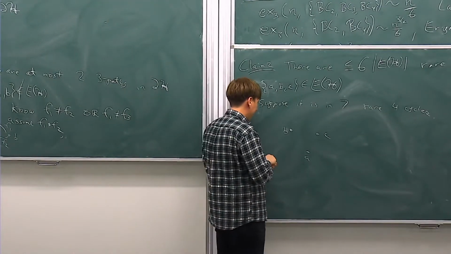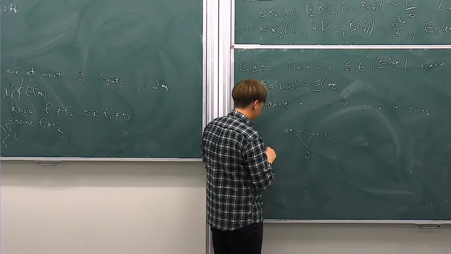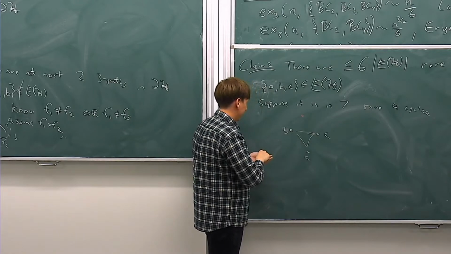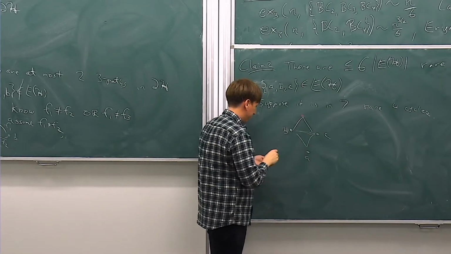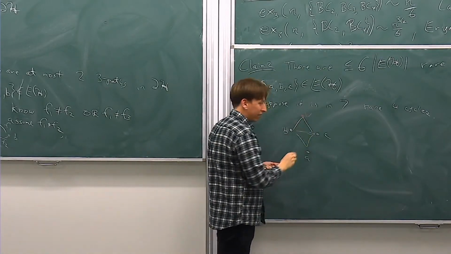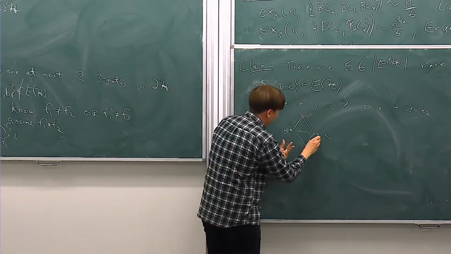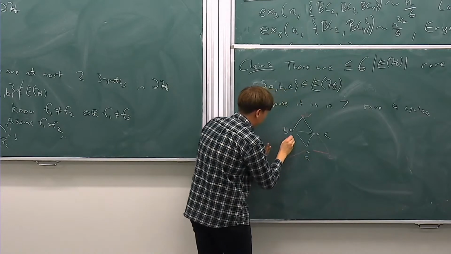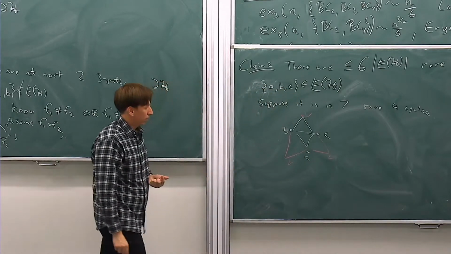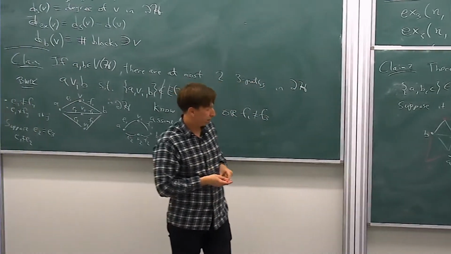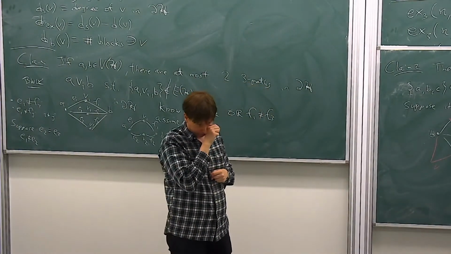Well, we can think of this like a triangle, and to be in a 4 cycle means we replace this edge, and we get a 4 cycle in this way. So if we're going to make a 4 cycle that contains A, B, and C, it's going to have to look like one of these 3 forms, deleting the corresponding edge and making a 4 cycle.